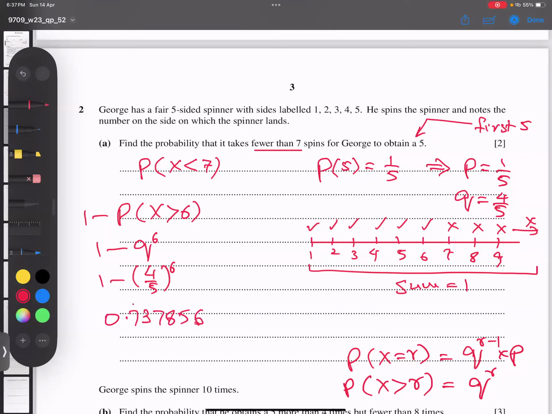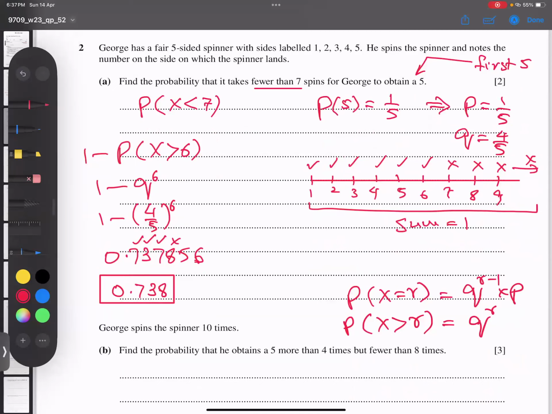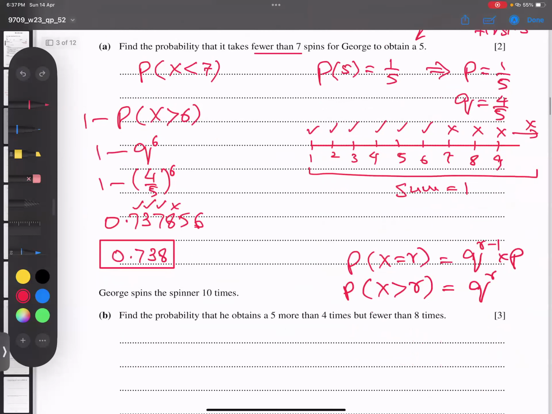But I need 3 significant figures, so 0.738. So Alhamdulillah, I believe you got a clear picture. If we don't use this formula, then we would use the other formula and apply it six times, once for r1, once for r2, once for r3, until 6. Okay, both ways are correct.